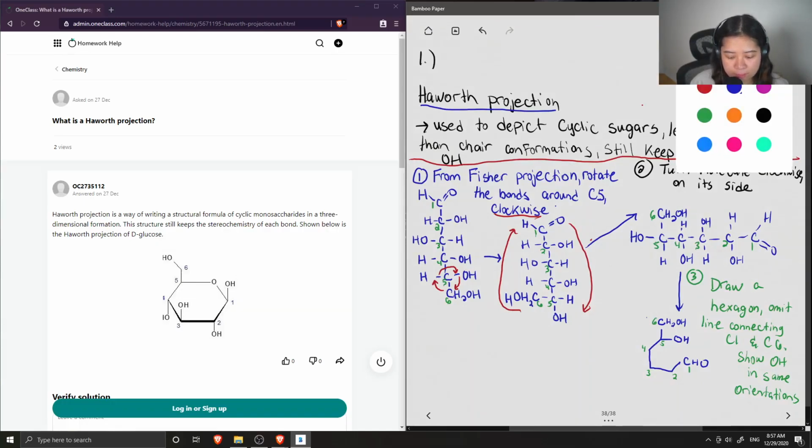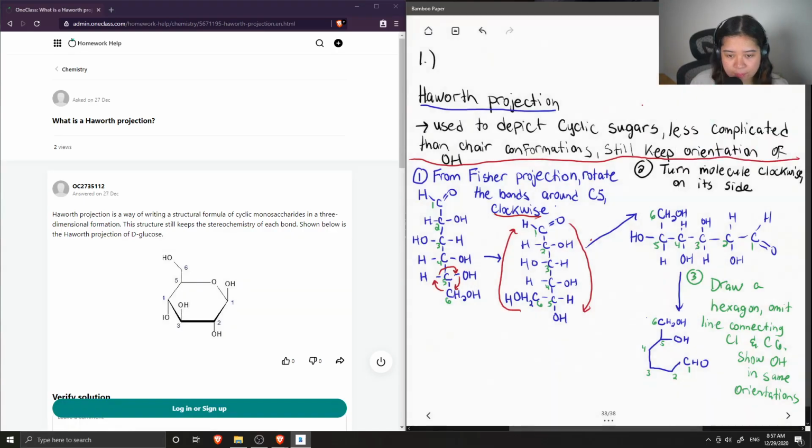So this is carbon 5. This corresponds to this carbon. Carbon 4 has an OH group pointing down. Carbon 3 has an OH group going up. Carbon 2 has an alcohol group going down.